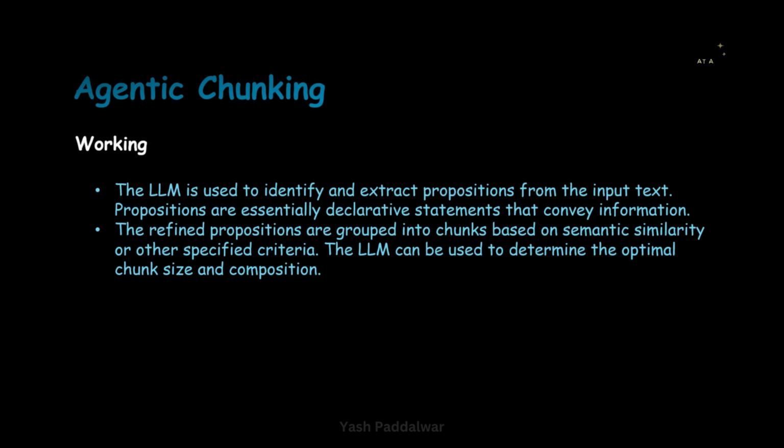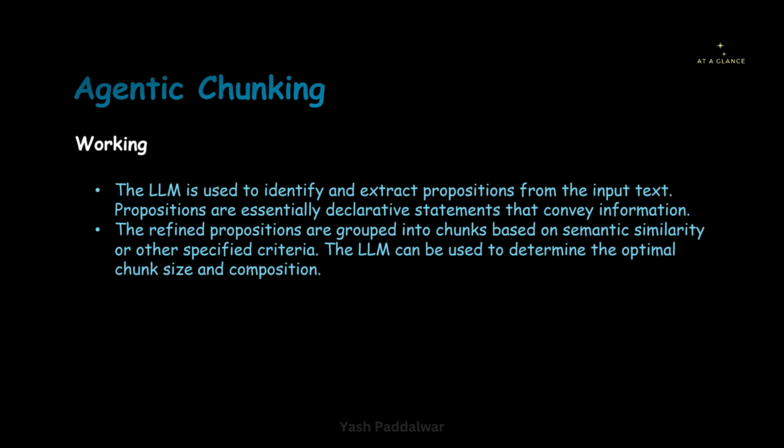You can use recursive character text splitting, you can use semantic similarity. The large language model can be used to determine the optimal chunk size and composition. You can ask the LLM itself to create custom chunks out of this. The LLM will itself decide the chunk size and the composition of those chunks. So I hope the working of agentic chunking is clear to you all.